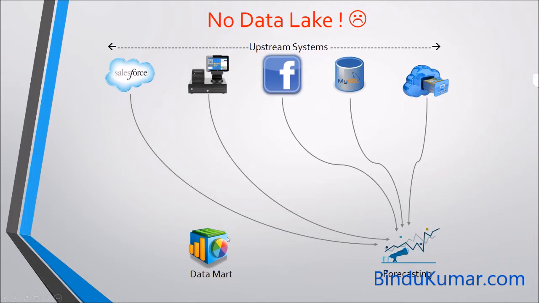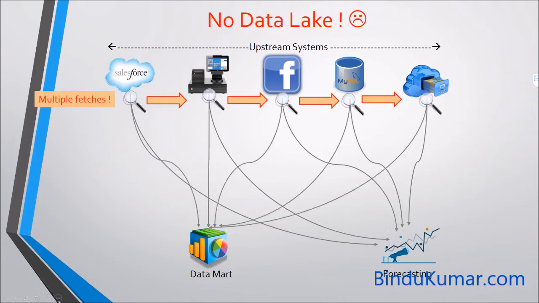As an organization grows, as their data needs change, what you will notice is that multiple downstream systems start connecting to all the upstream systems. The thing to observe here is the multiple endpoints, right? You see, there are multiple downstream systems connecting to the same upstream system. So often the same interface needs to be used. There are parallel calls or parallel fetches being made to all the upstream systems.